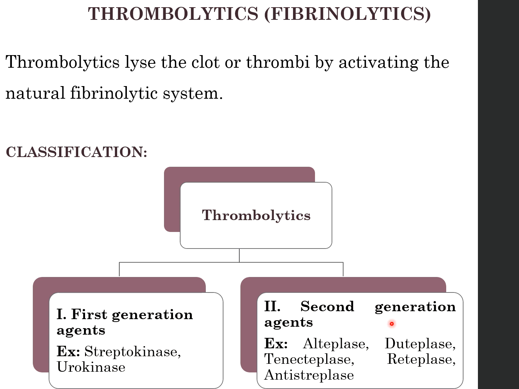Later, second generation agents were innovated, because streptokinase and urokinase act without targeting receptors, but second generation agents are slightly modified and act by targeting receptors. Examples: alteplase, duteplase, tenecteplase, reteplase, and anistreplase.